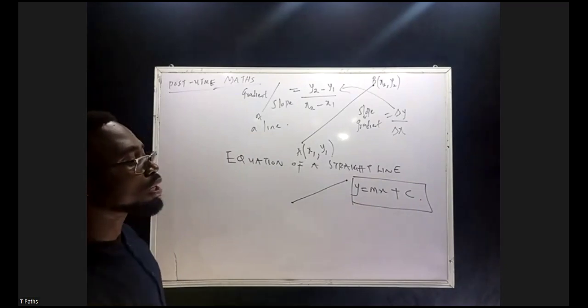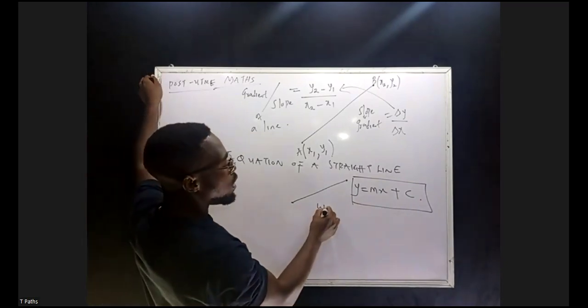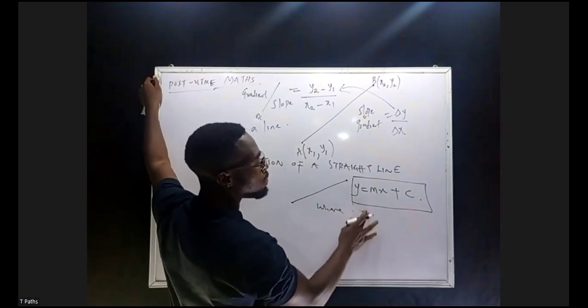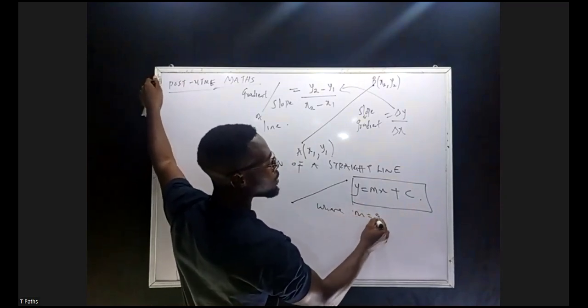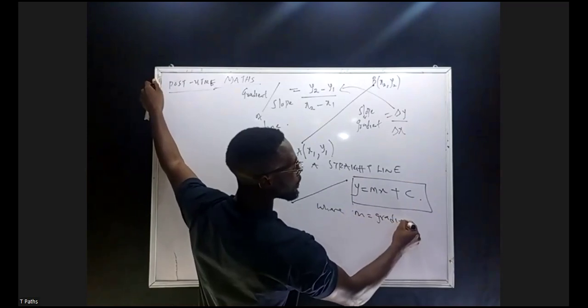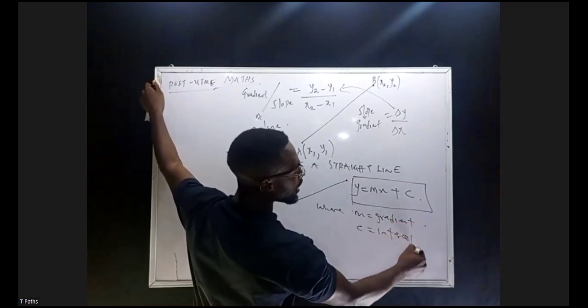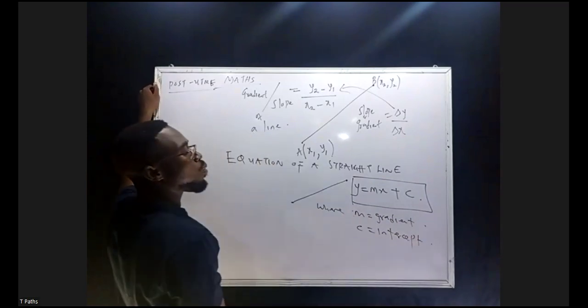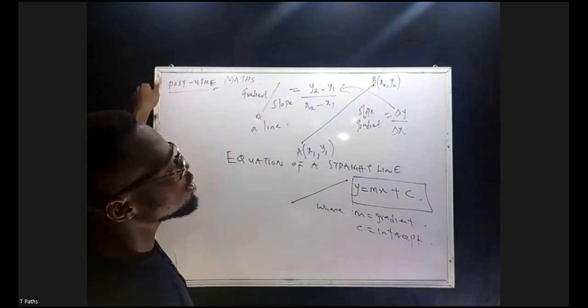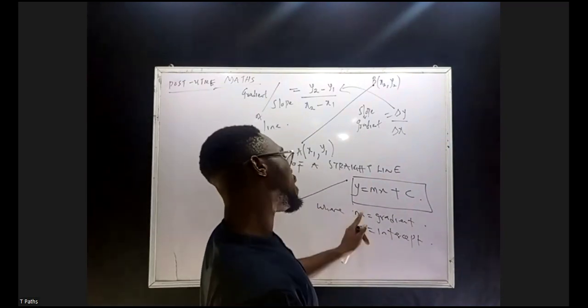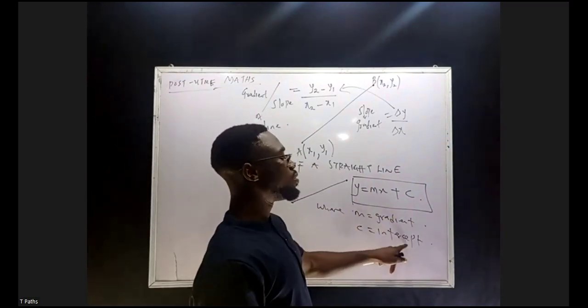Here, your m is the gradient, and your c is the intercept. Your m is the gradient, and your c is the intercept.